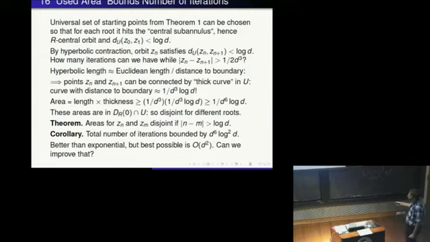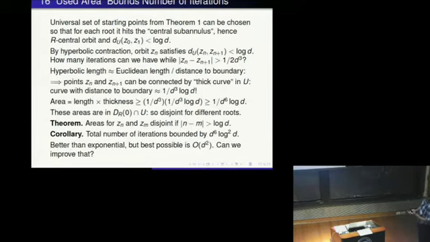Hyperbolic distance is essentially Euclidean distance divided by Euclidean distance to the boundary. So if I have a point and its image, and I connect them by a curve which is long in the Euclidean sense and short in the hyperbolic sense, then it must be Euclidean far away from the boundary.